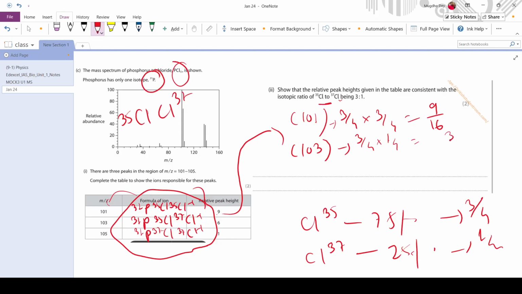That's 3 by 16, I believe. And that's 105, 1/4 and 1/4, since 37, 37. So yeah, that's 1 by 16.